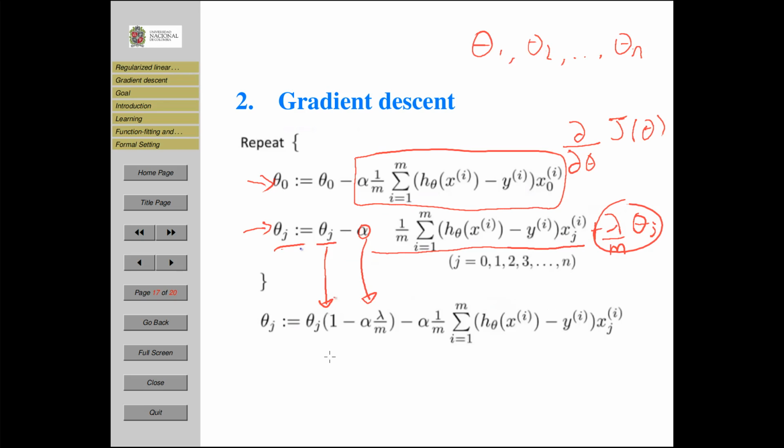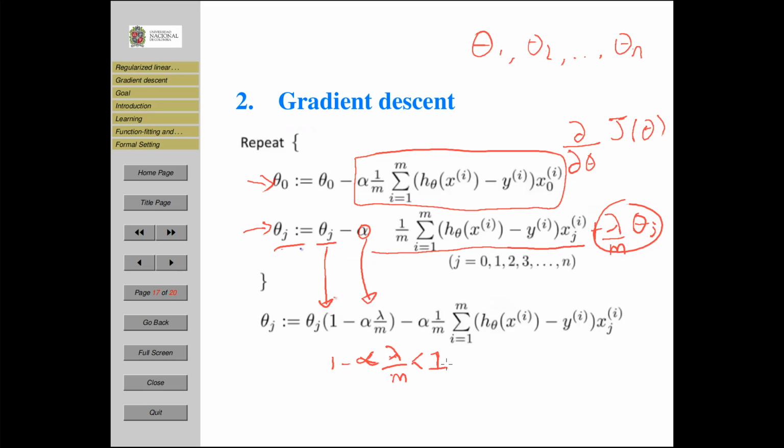This term, 1 minus alpha times lambda over m, will always be less than 1. It is going to be a number that is usually a little bit less than 1, because alpha times lambda over m is positive, and usually if your learning rate is small and if m is large, this is small.